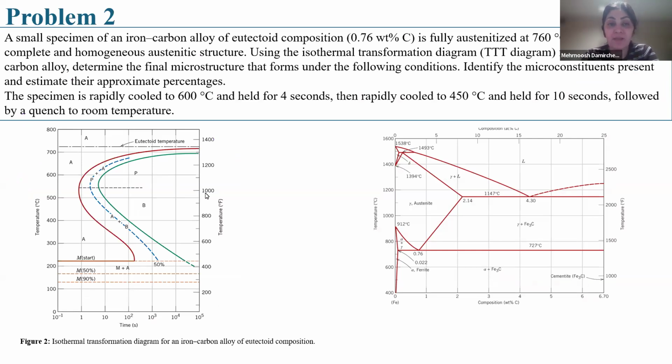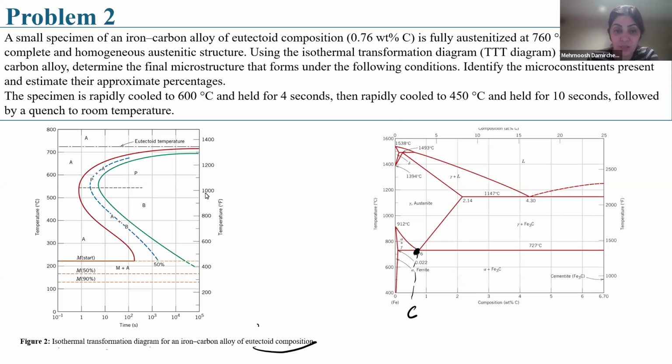Here we have samples of an iron carbon alloy of eutectoid composition 0.76, meaning exactly we are talking about this carbon weight percent, exactly 0.76. As I told you, for different carbon weight percent, we should use a specific TTT diagram according to that weight percent. And here you see the isothermal transformation diagram for an iron carbon alloy of eutectoid composition.